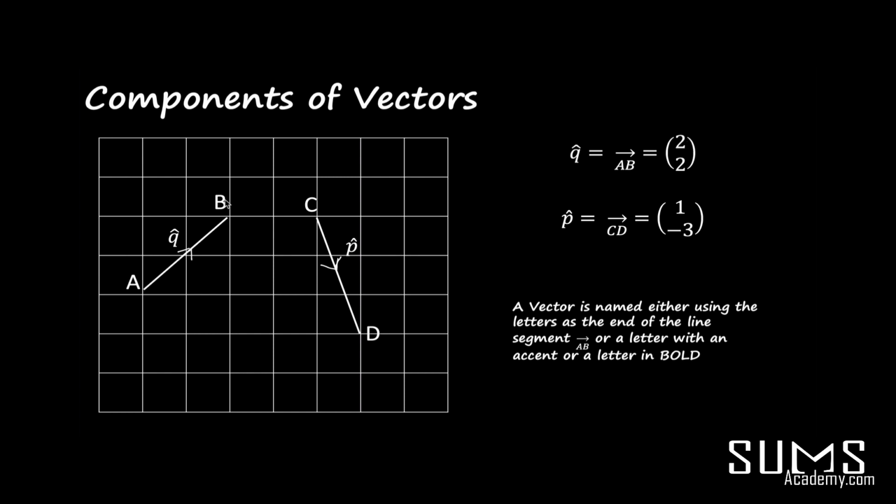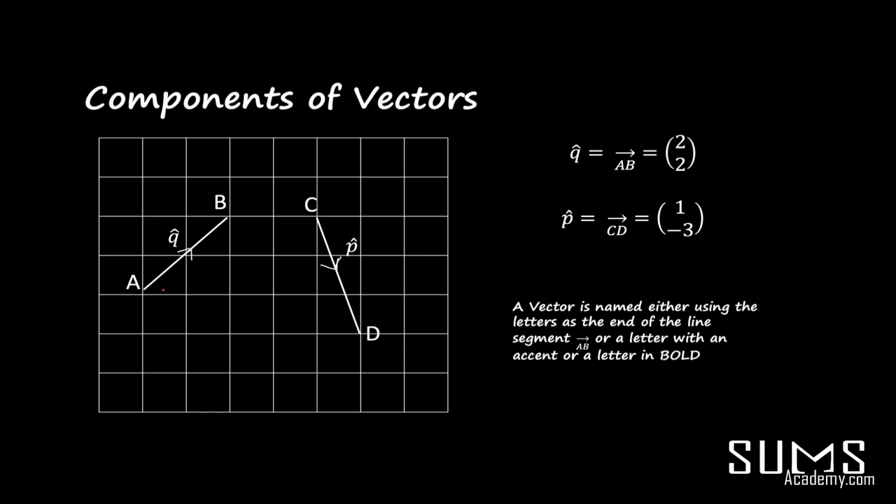Well, if we look at the vector q, we can see that it is going from point A to point B. It's gone from point A in the x direction to point B along 2 units, and in the y direction it's gone up 2 units.